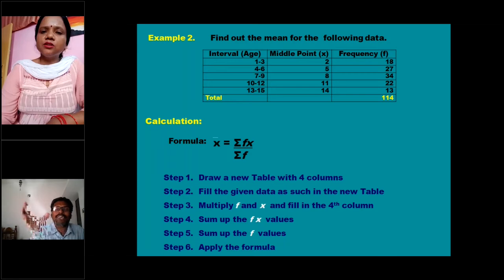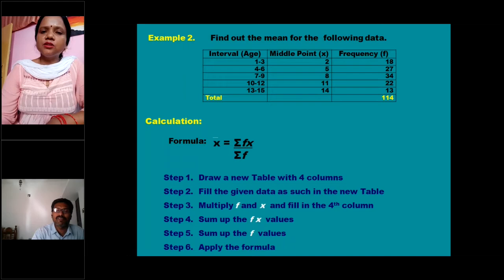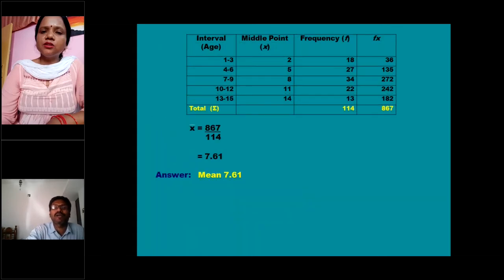In the 4th column, we multiply f and x, the frequency and the data, and fill it in. In the next step, we sum up the fx values, and then find the sum of the f values, then apply the formula.